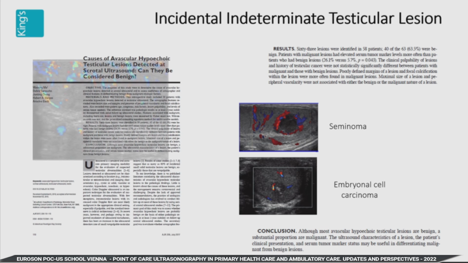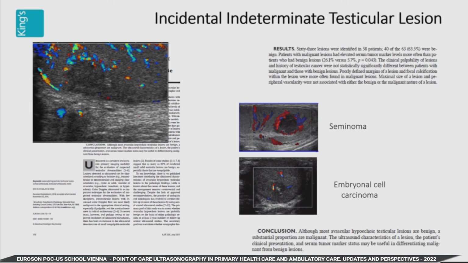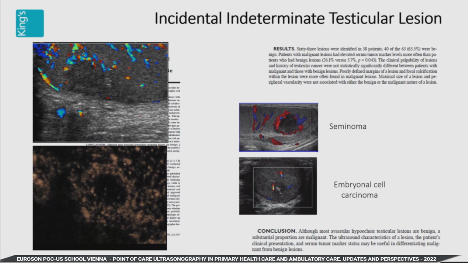They didn't add contrast. Now this is an embryonal cell tumor, and when you add contrast, you can just see very tiny little bits of microbubbles going through that tumor. Anyway, you can see very small bubbles going through there.